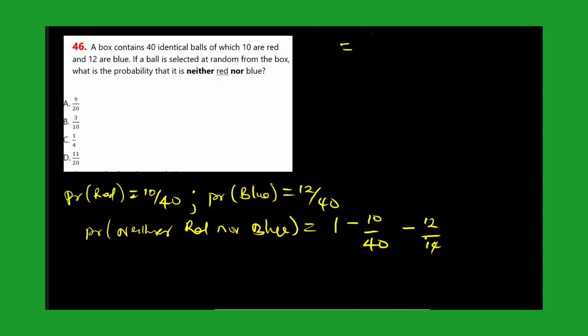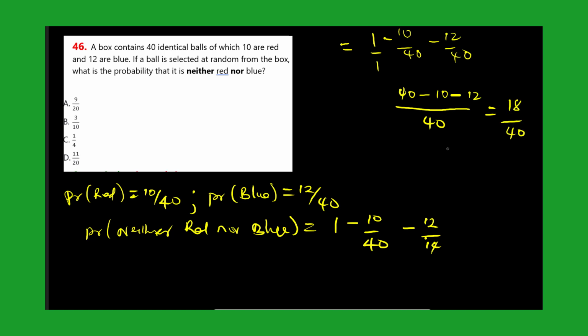Then our LCM will be 40. 40 minus 10 is 30, 30 minus 12 is 18 over 40. Final answer is 9 over 20.